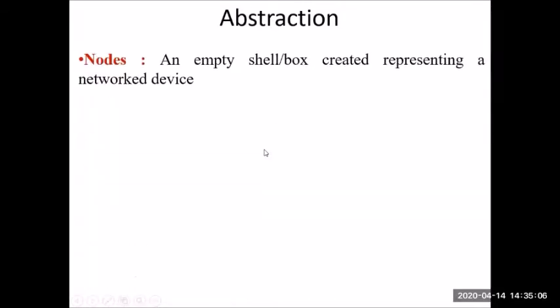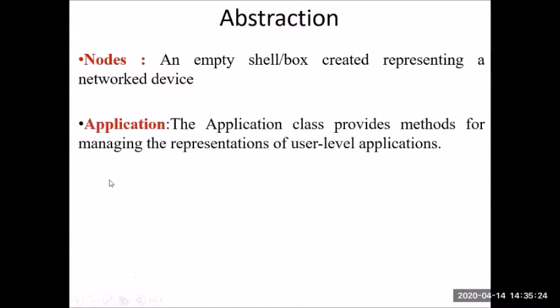What are the basic abstractions in NS3? Please understand these things and remember. First level of abstraction is a node. As I told you till now, a node is an empty shell or a box which represents any networked device. So a node is an empty box representing any network device.